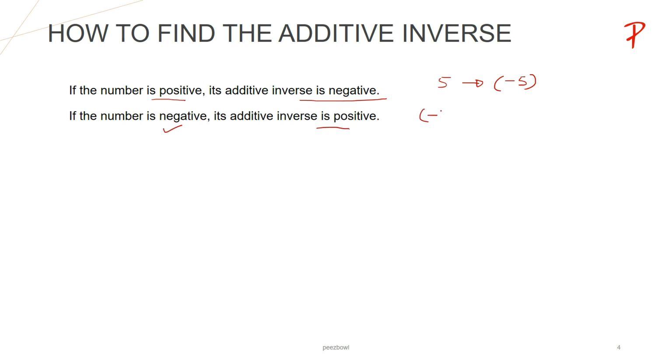Like we saw, for any negative number, that is minus 3, its additive inverse is 3. So you can take any number, for example, say we have taken 10. For 10, its additive inverse is minus 10, right? Say for example minus 8, its additive inverse is going to be 8.